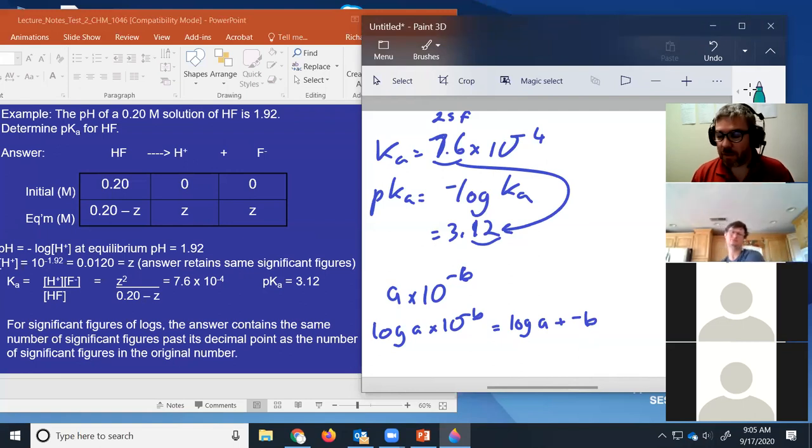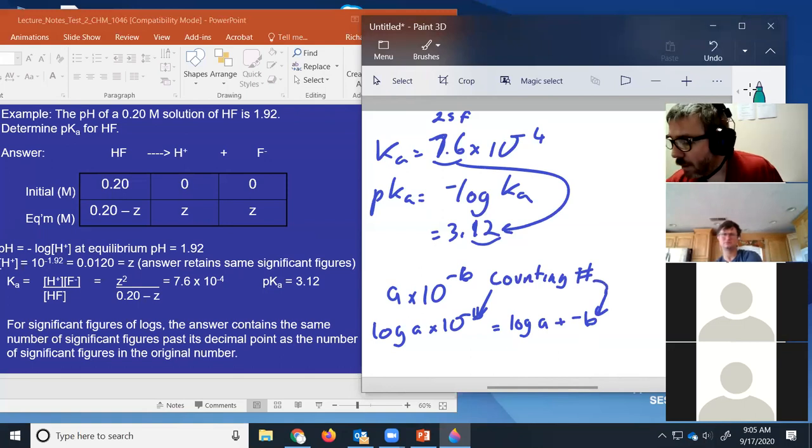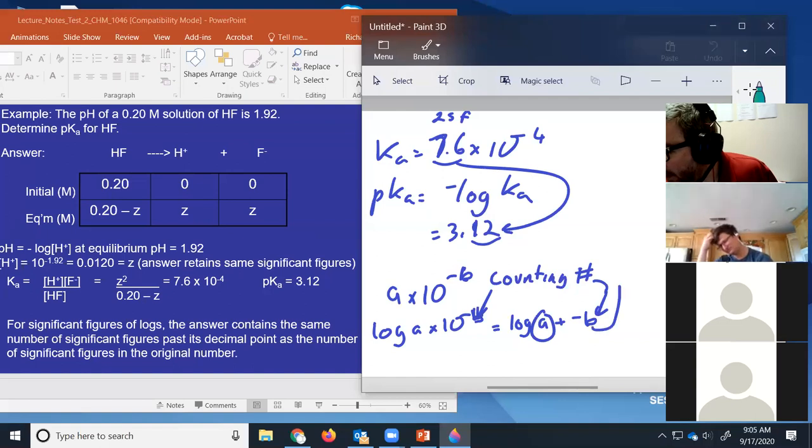The thing here, though, is that B is a counting number. And the A here is the one that's subject to significant figures. So the B here always ends up out the front.